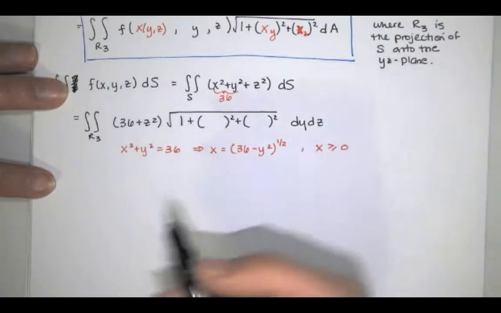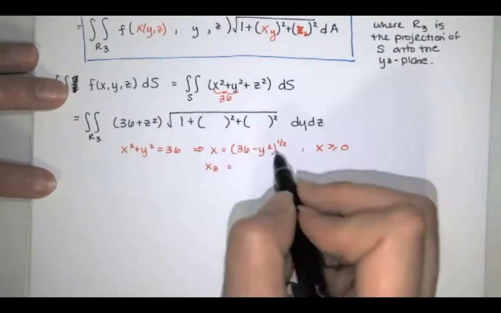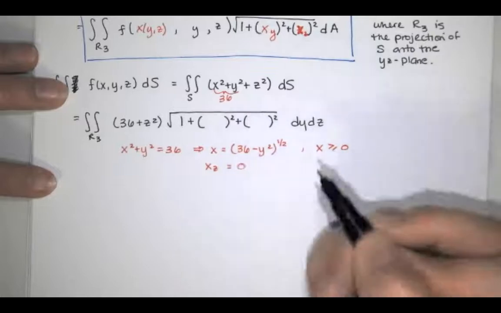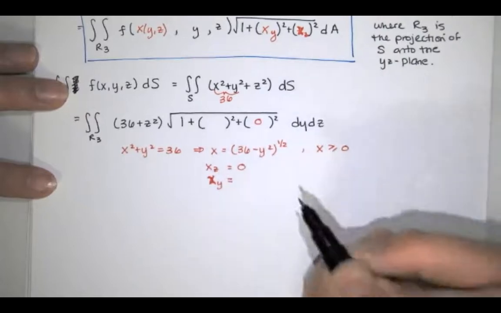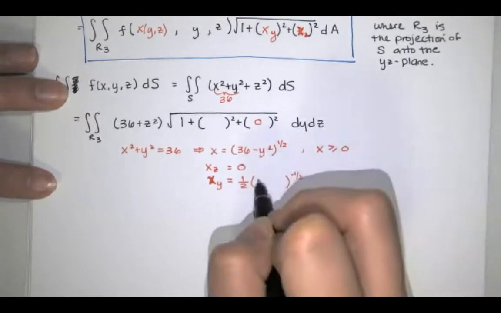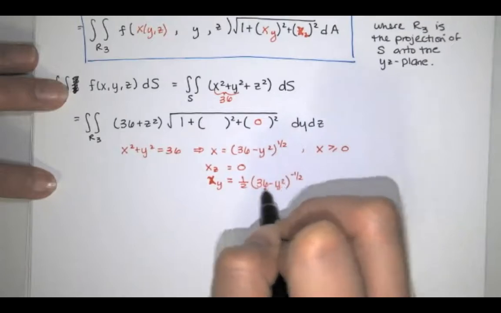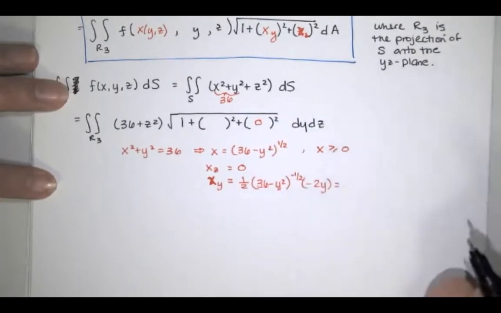So we've got that. And now if I want the partial of x with respect to z, it's really easy. There are no z's in this, so we just get a 0. And if I want the partial of x with respect to y, I'll get 1/2 of my inside function to the negative 1/2 times the derivative of the inside by the chain rule, which is negative 2y.